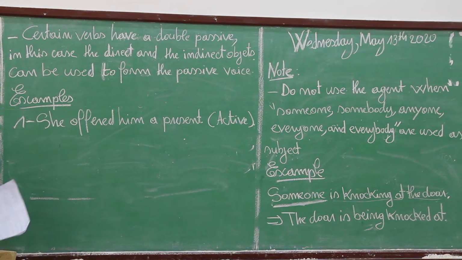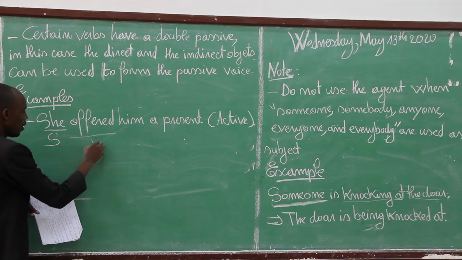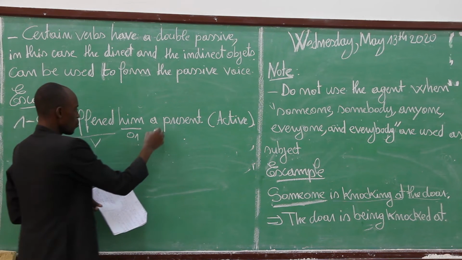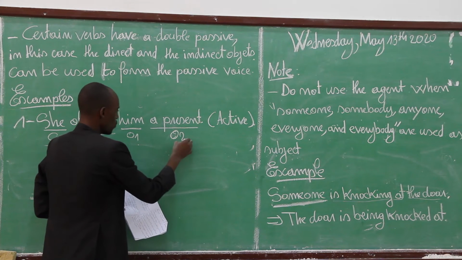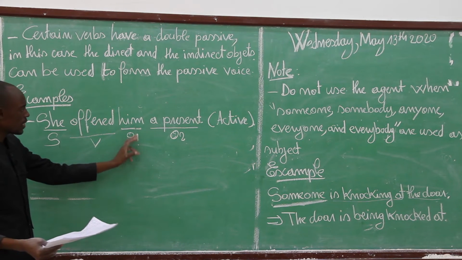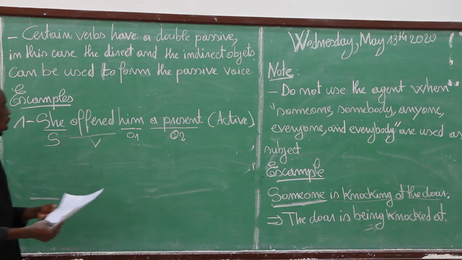And here we have the subject, and we have the verb, we have object 1, and we have object 2. Now, this is an indirect object and a direct object.